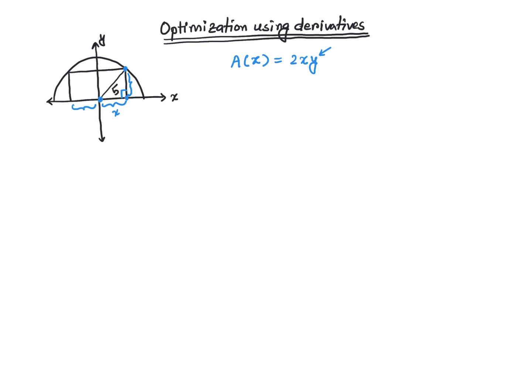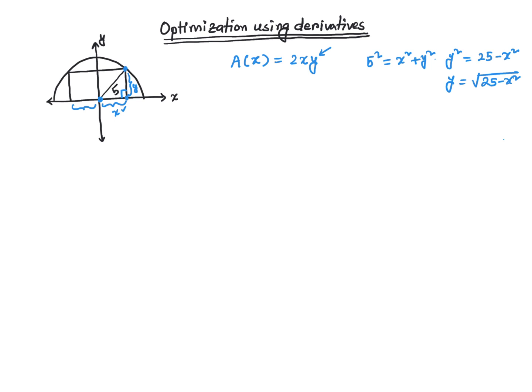So using the Pythagorean theorem, 5 squared is equal to x squared plus y squared, where this is y and x is this. Now if I solve for y, I get y squared is equal to 25 minus x squared, or y is equal to the square root of 25 minus x squared.